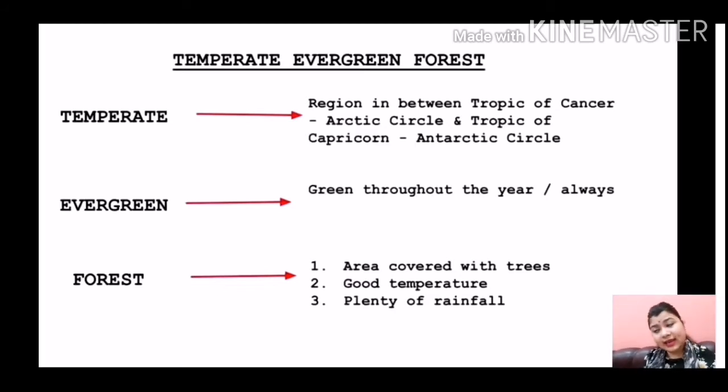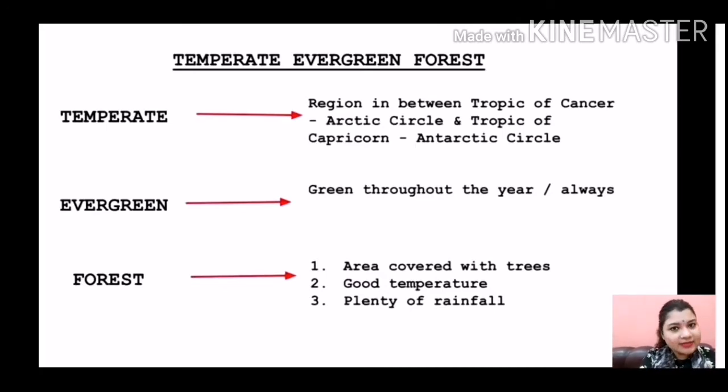Forest means the area covered with different types of trees, with a good temperature, and temperature varies from place to place, because when the forest is different, the temperature will also be different. But here we are talking about the temperate evergreen forest. Here basically the temperature is very good and you will find plenty of rainfall also. That is the reason why it is evergreen, isn't it?